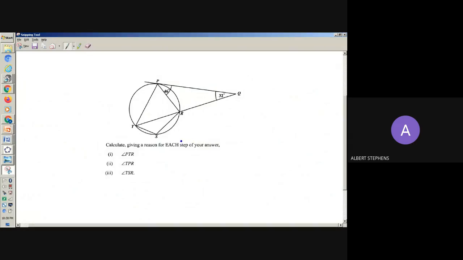So as I was saying, it is diagram 5 turned upside down. So it's this. If this is 46, class, then the angle inside here must be what? 46.